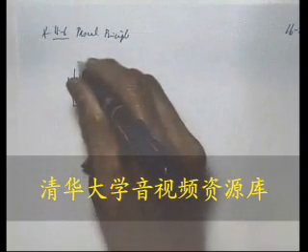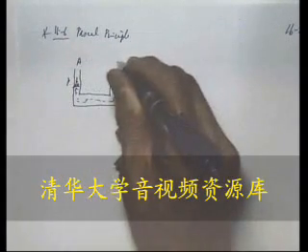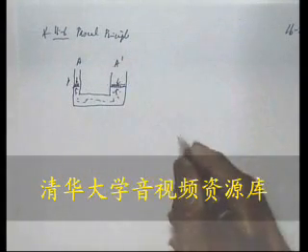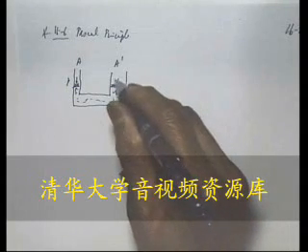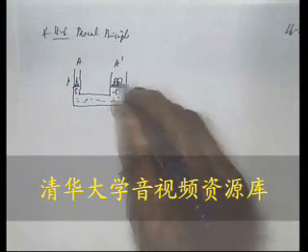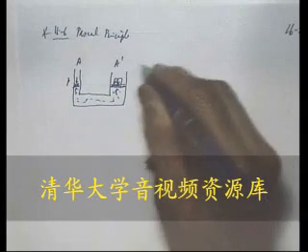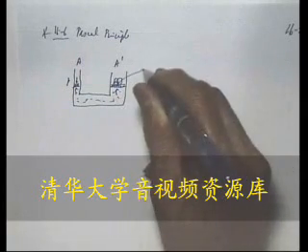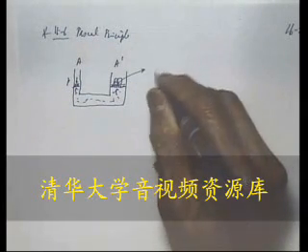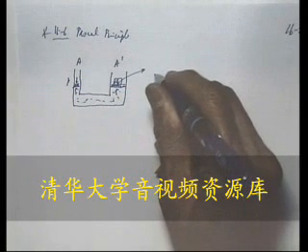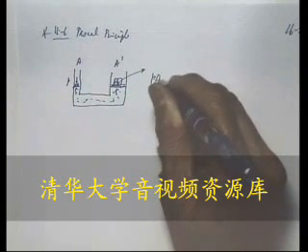But if the area here is A, the area here is A prime, then the total weight here, this weight or this weight, is P A prime.